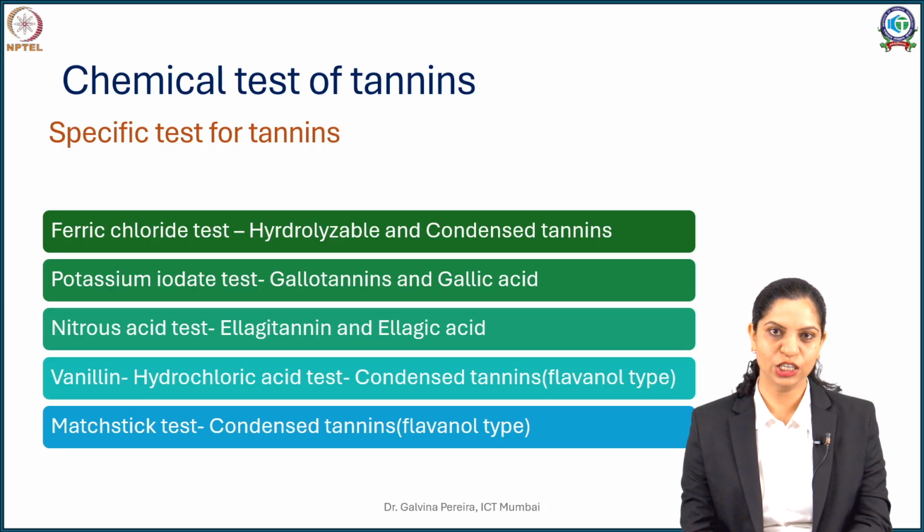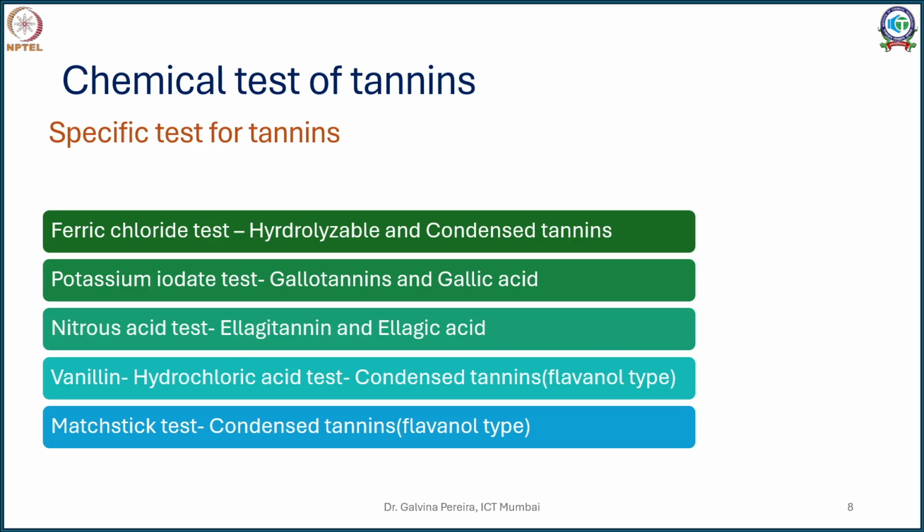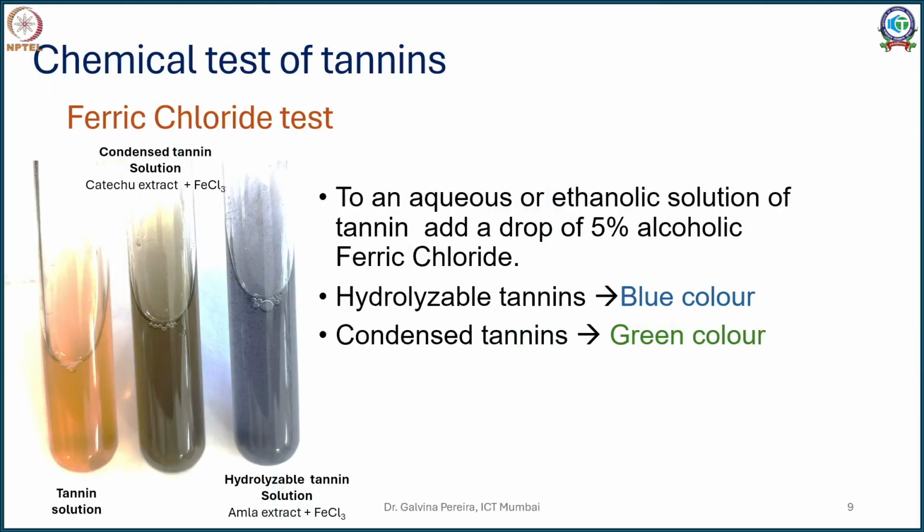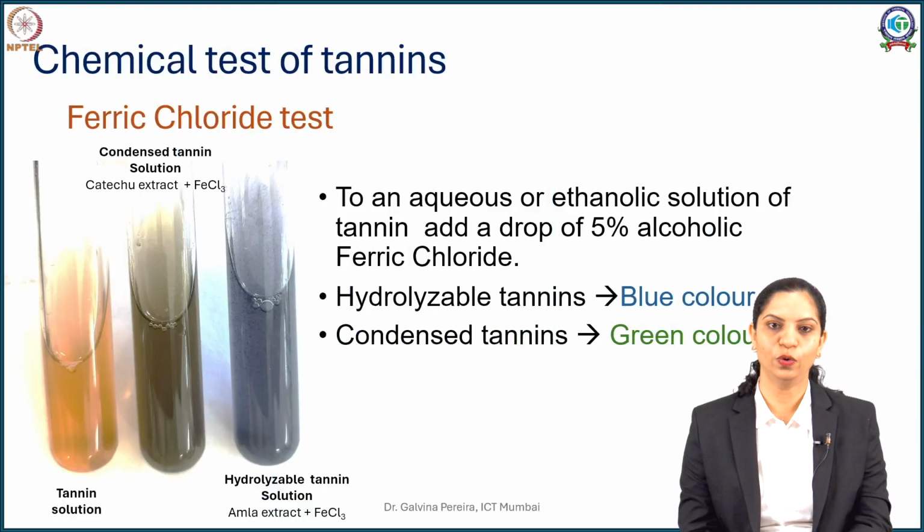Then the nitrous acid test, which is specific for ellagitannins and ellagic acid. The vanillin hydrochloric acid test, which is given by flavanol derivatives, and the matchstick test, which is again given by condensed tannins, the flavanol derivatives. Now let's see them one by one. So the first test we analyze here is the ferric chloride test.